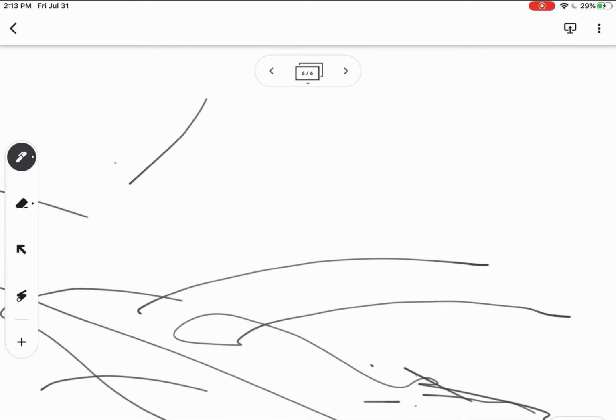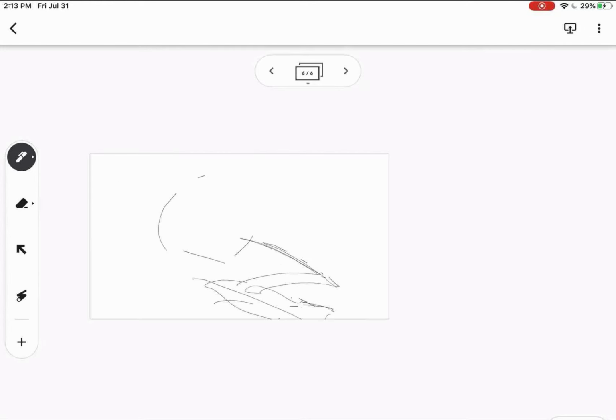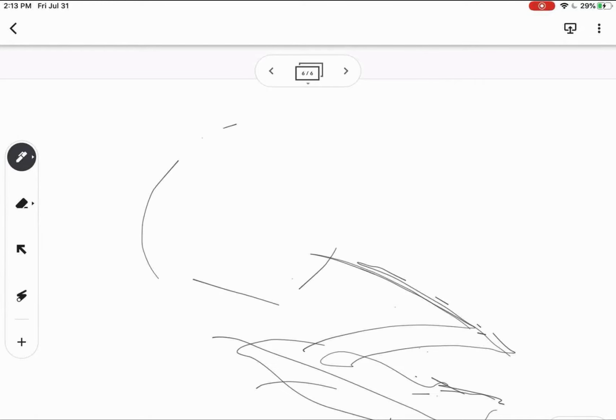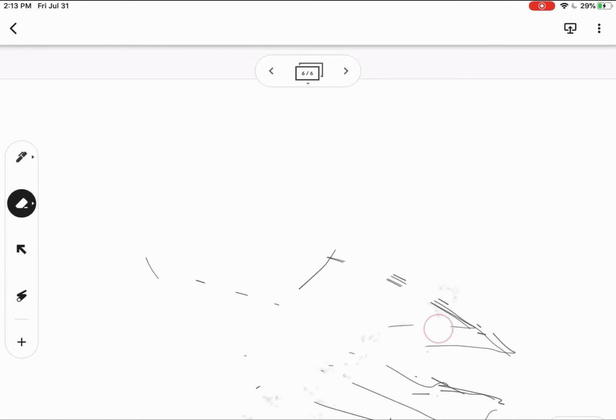I don't know why my screen is like this. Oops. Okay. So, we have our sphere.